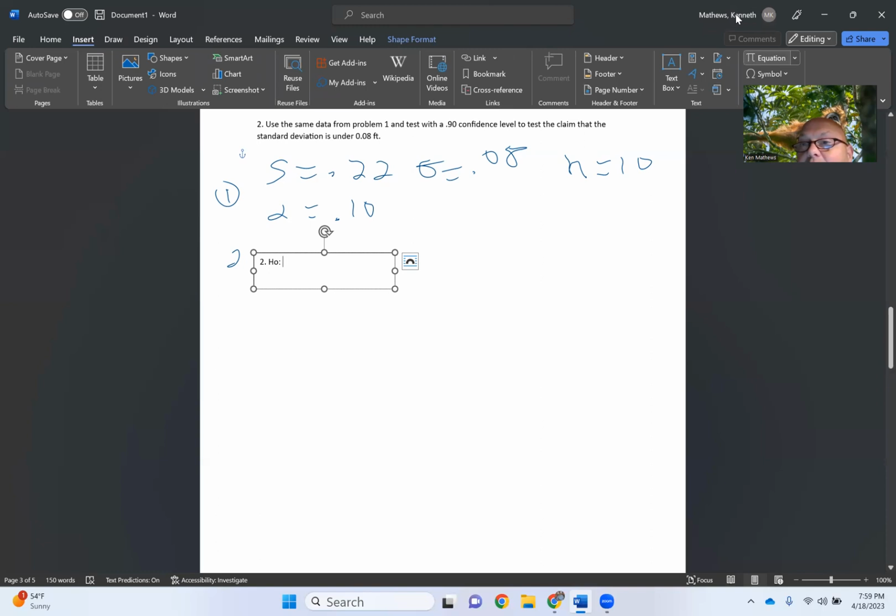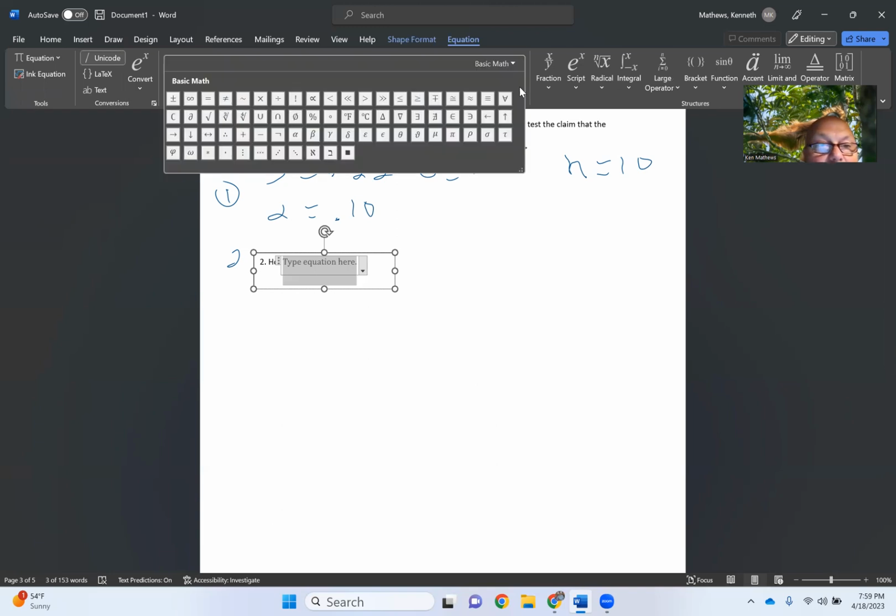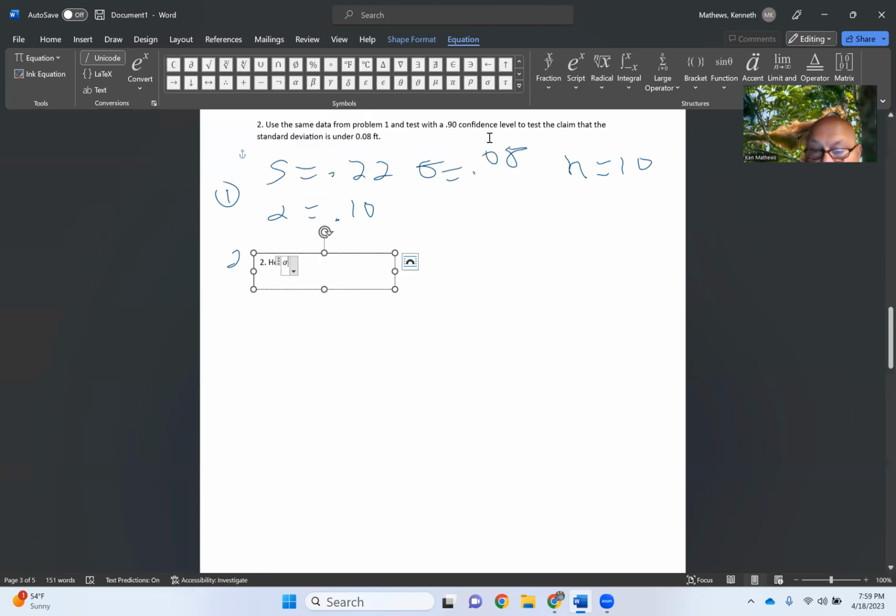So I gotta find that symbol. There's alpha. Oh, there it is. Okay. Sigma equals 0.08.